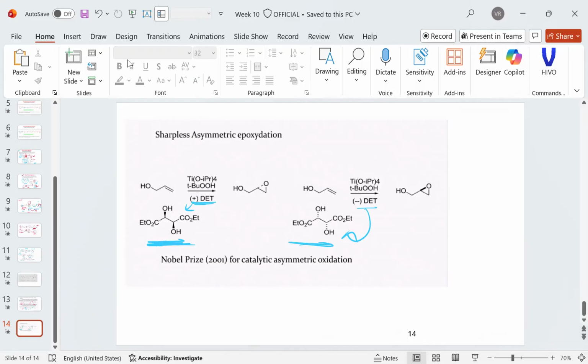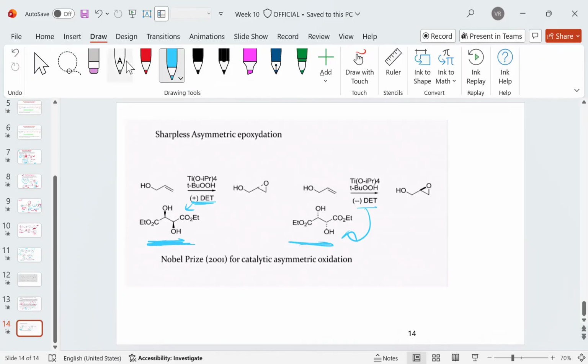If we have the alkene which involves an allylic alcohol, in the presence of titanium isopropoxide, tert-butyl hydroperoxide and plus diethyl tartrate, we get the epoxide, right? Epoxide like this, so this oxygen is directing downward.